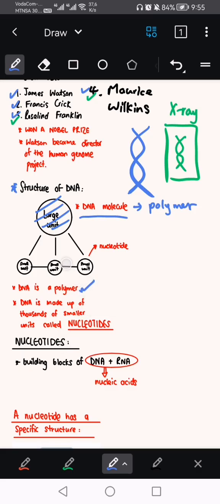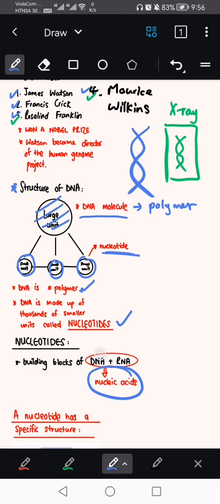Now, what we know about a polymer, a large molecule, is that it needs to be made up of smaller units. And these smaller units are called nucleotides, right? So, ultimately, what we can say is that nucleotides are the building blocks, or the monomers, of nucleic acids.